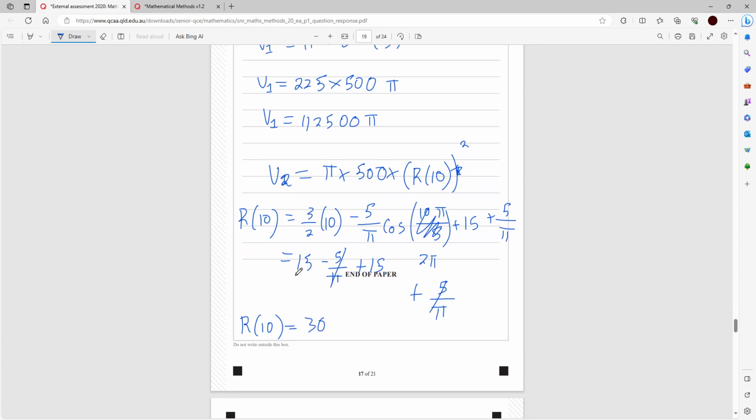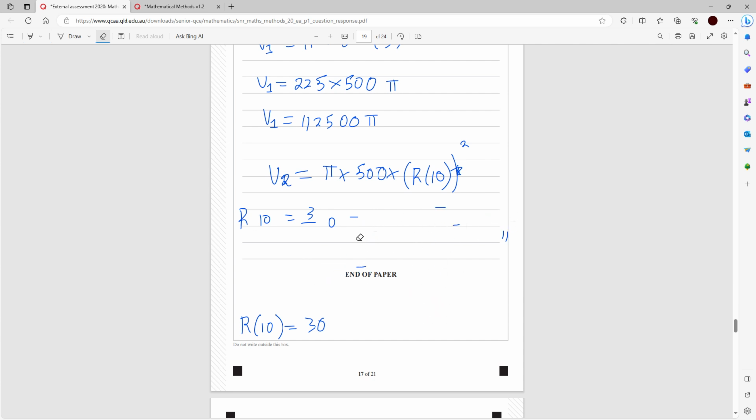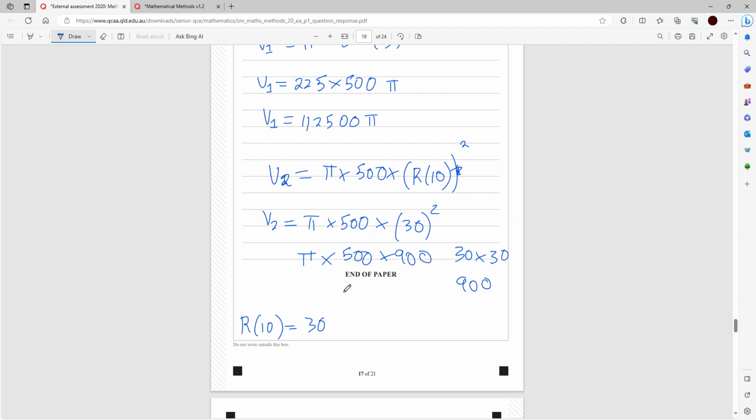So V2 is equal to pi times 500 times 30 all squared. 30 times 30 is going to be 900. So we'll have pi times 500 times 900.